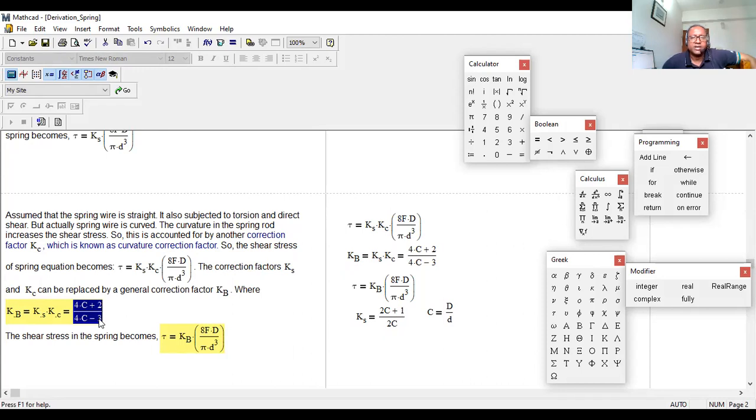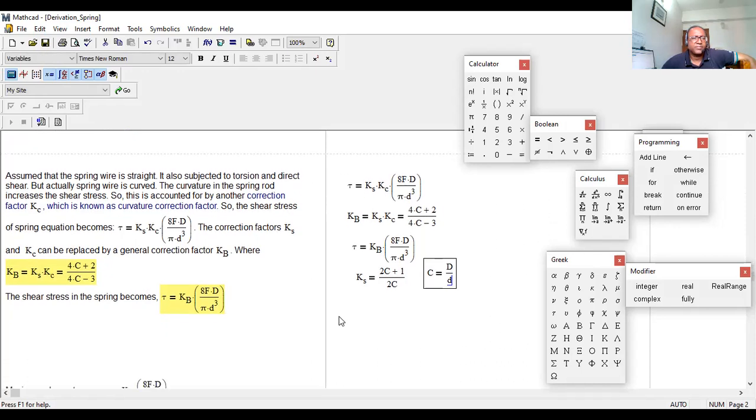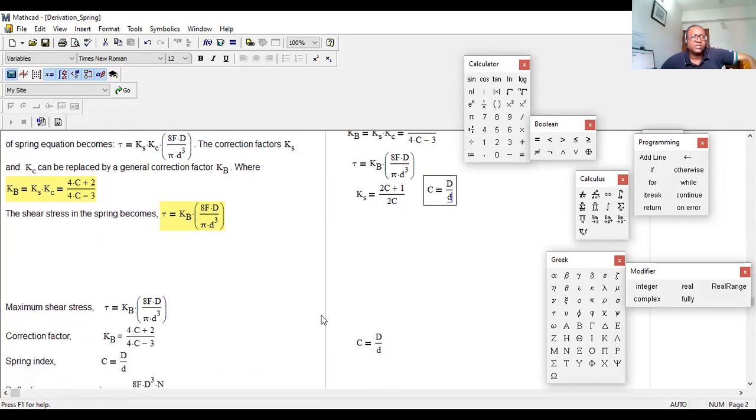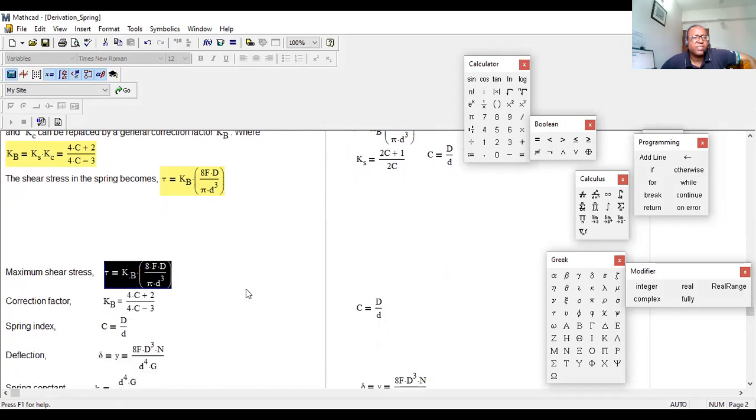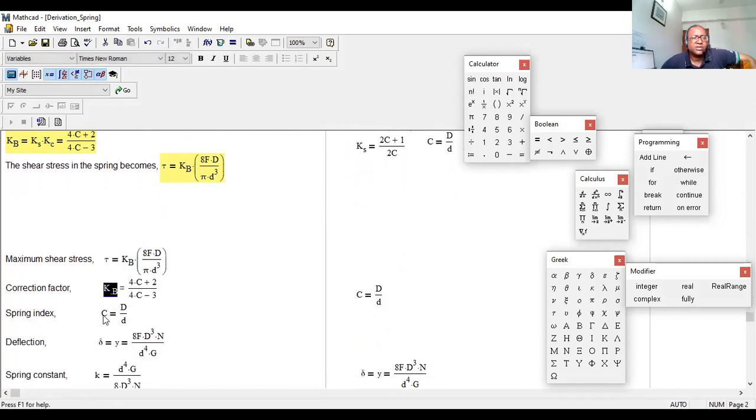So shear stress in the spring is tau equals Kb 8FD by pi d cubed. And the value of Kb is 4C plus 2 divided by 4C minus 3. And what is C? C equals the mean diameter of the whole spring divided by the diameter of the wire. So this is the maximum shear stress, this is the correction factor, and this is the value of C.